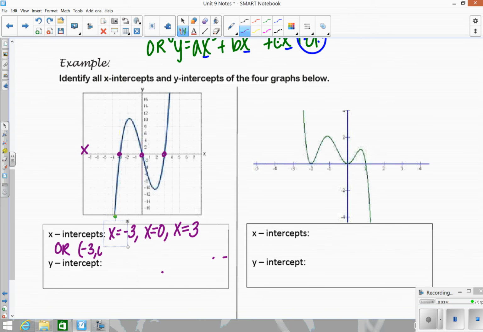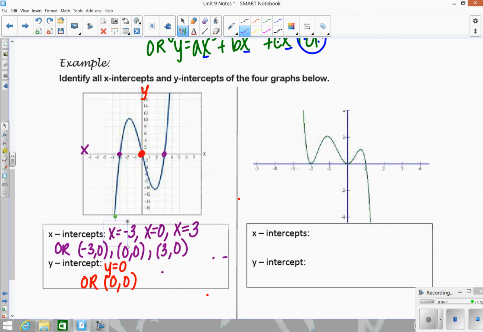So it would be (-3, 0), (0, 0), and (3, 0), because it's when y equals 0. Notice that y is always equal to 0. And then for the y-intercept, I only have one, and it's where my graph crosses the y-axis, which is at y equals 0. You can list it like that, or you can list it as a coordinate, which would be (0, 0).